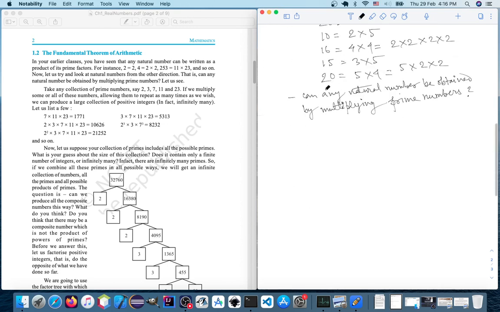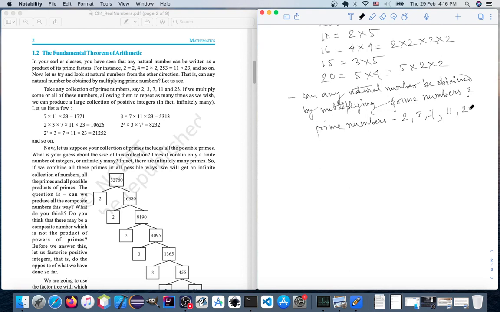So it has taken, as an example, the collection of prime numbers 2, 3, 7, 11 and 23.